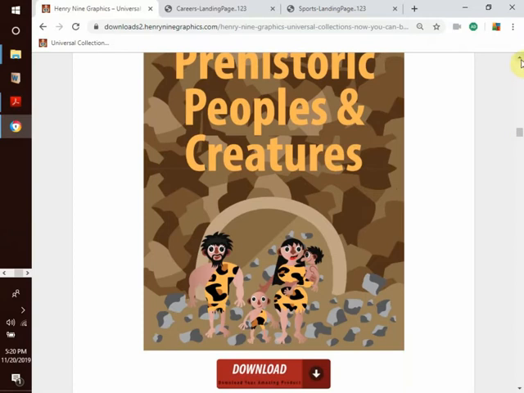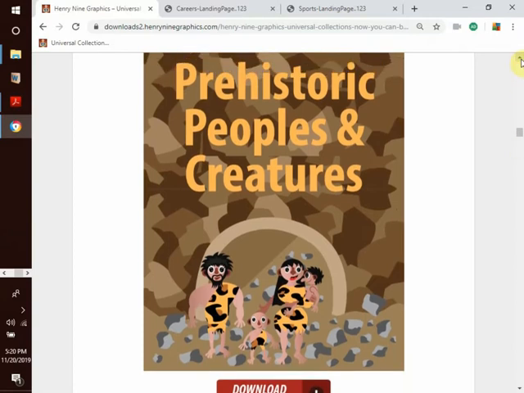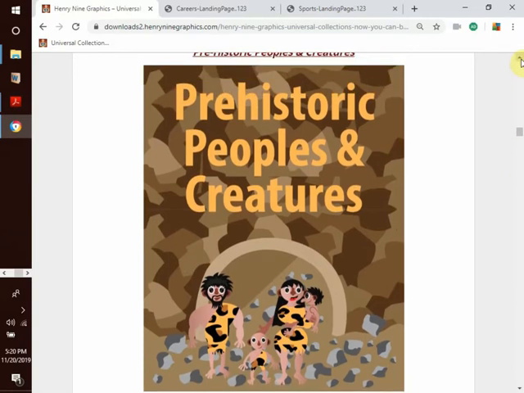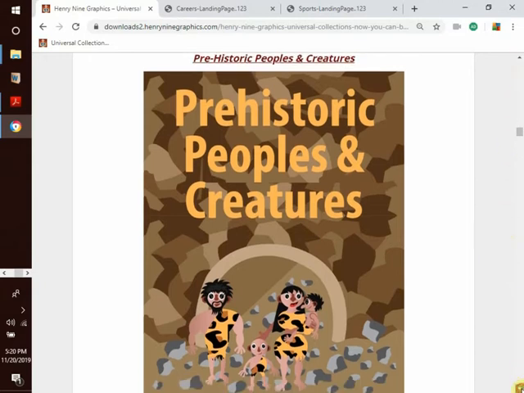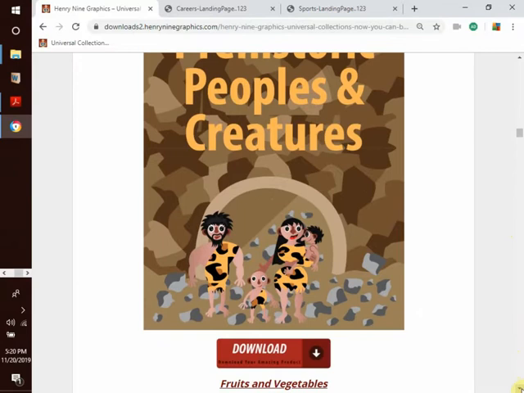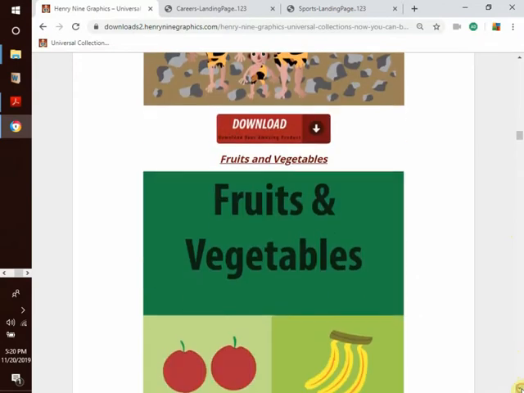These are the prehistoric folks, the cavemen, the creatures, the saber-toothed cats, the mammoth, the dinosaurs, people, things that lived before our modern day humans got to live the earth, the ice age creatures that once roamed the planet hundreds of thousands of years ago.